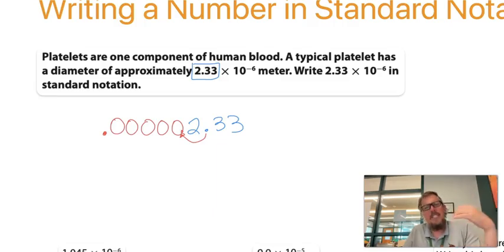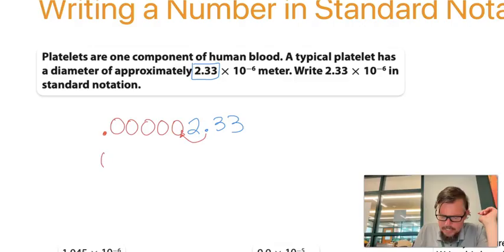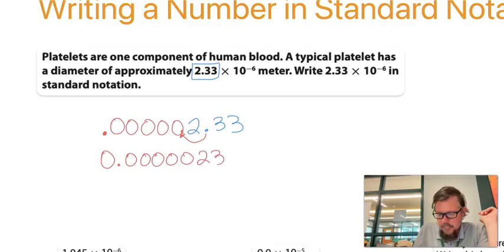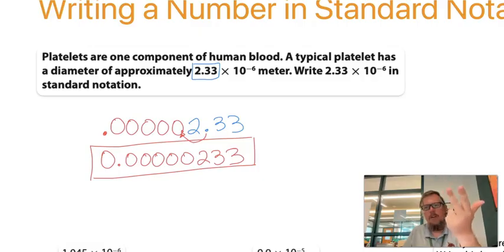So we had a decimal point, 5 zeros, and then 233. And it's good math practice to put a leading 0 in front of the decimal. So this is what we would actually write for our final answer: 0.000000233. Negative sixth power means after the decimal you have 5 zeros and then 233.